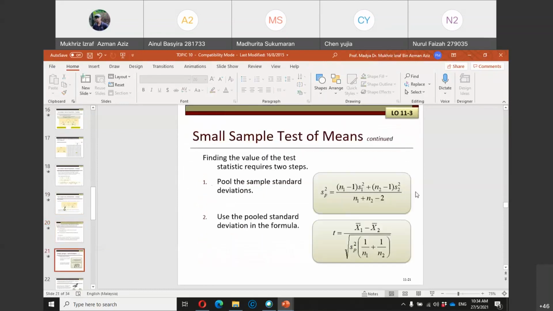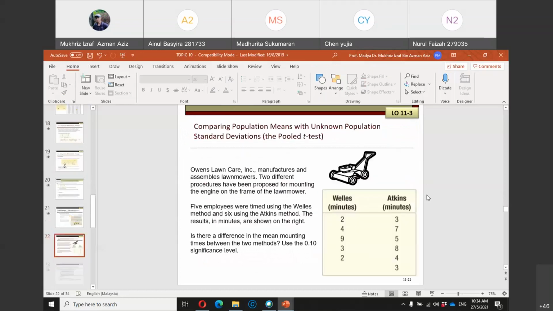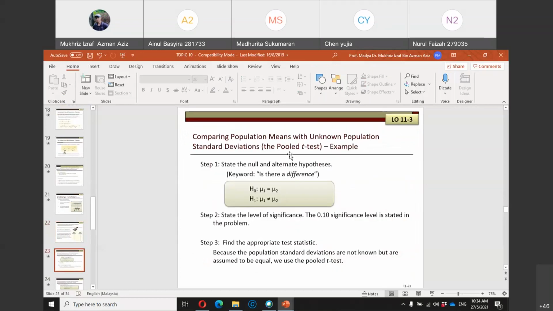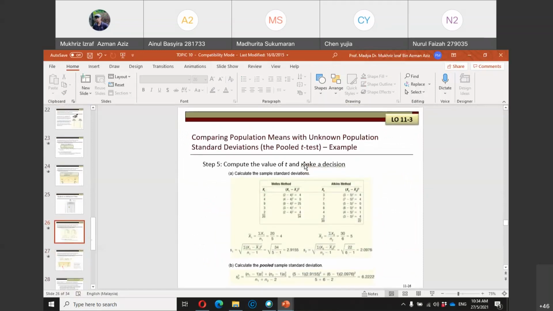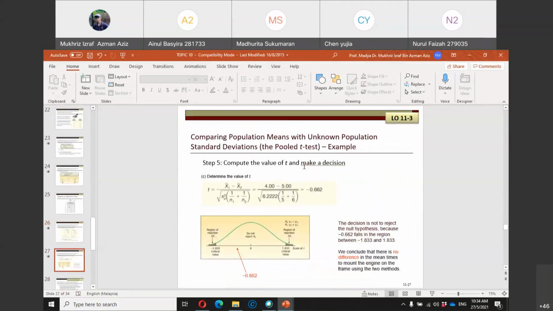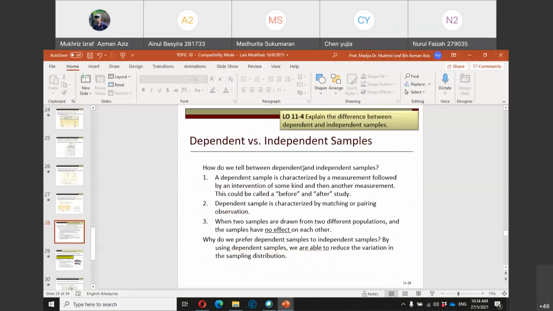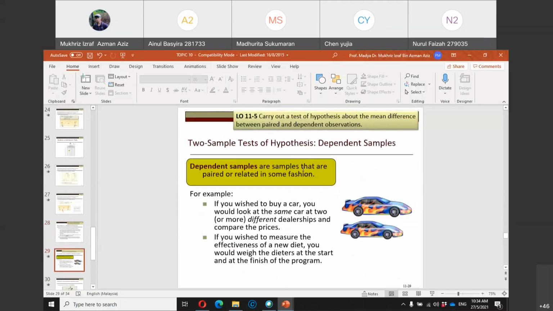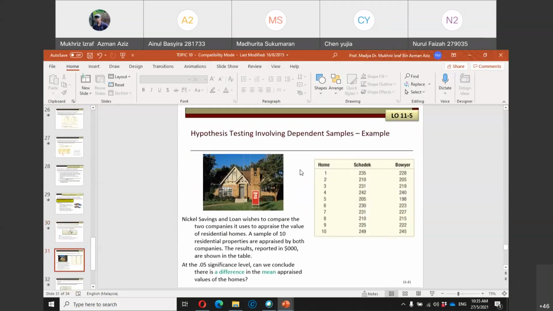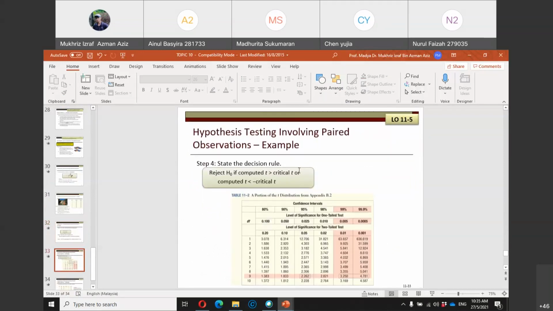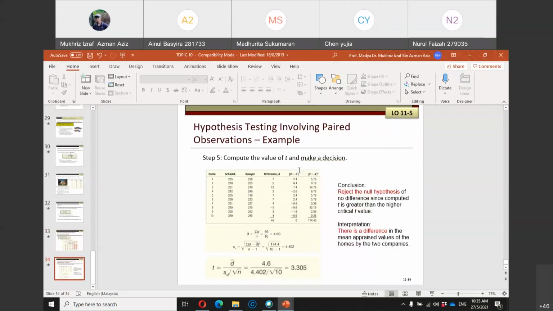If I scroll through the slides, this is the pooled t-test. Besides the pooled t-test, we also have what we call the dependent and independent samples, which also use the t-test, for what we call the paired t-test.